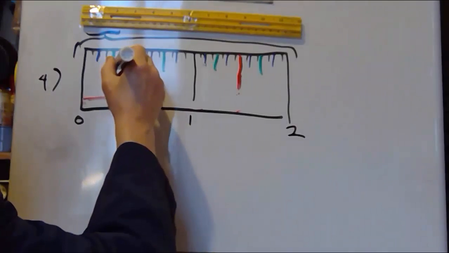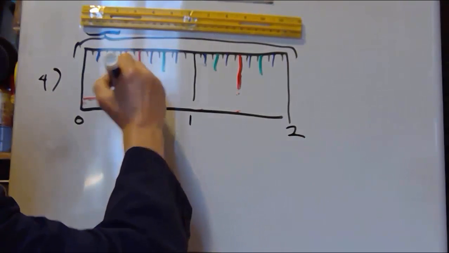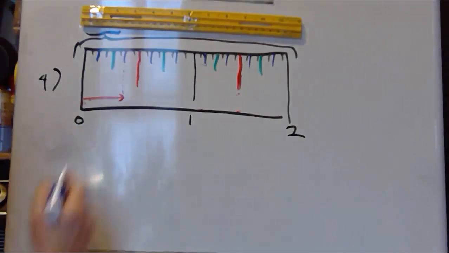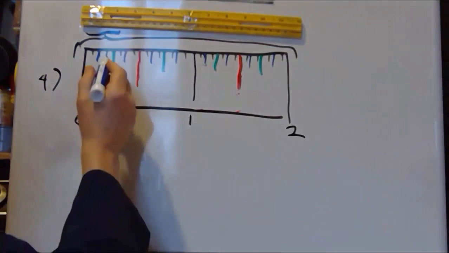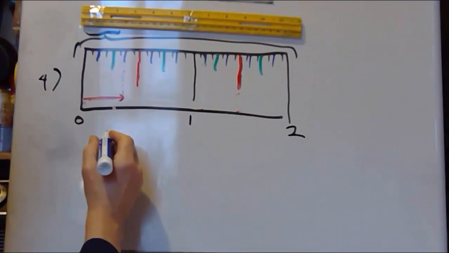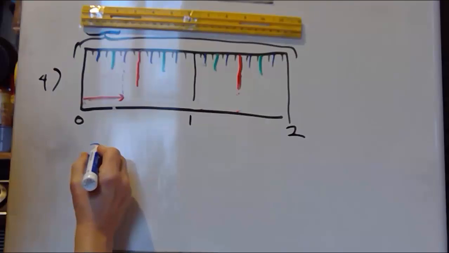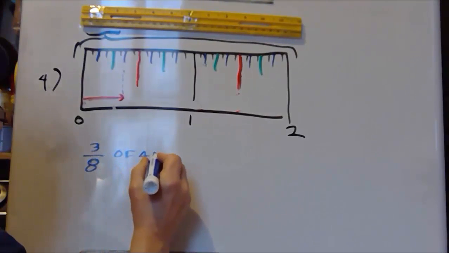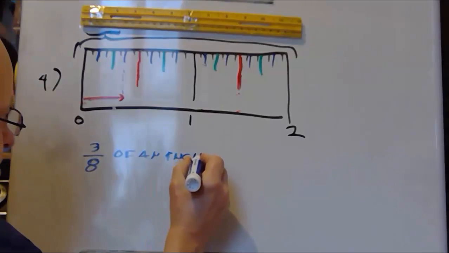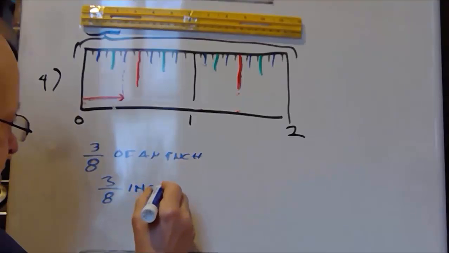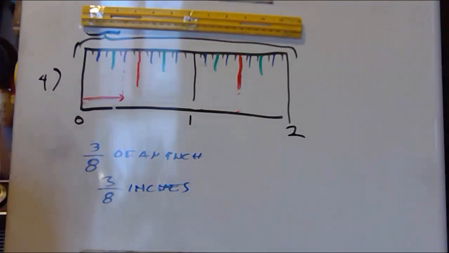So I drop the perpendicular here, and we have 1, 2, 3/8, because remember, even though it's a quarter, it still is 2/8. So that means we have 3/8 of an inch, or 3/8 inches, however you want to express it.